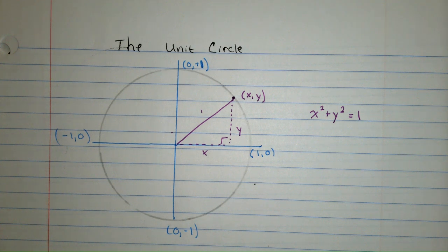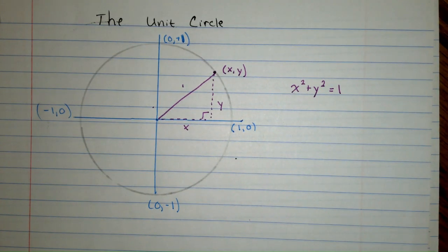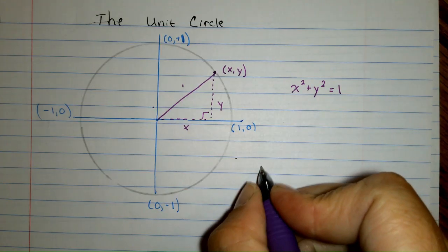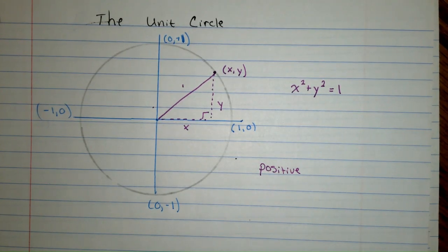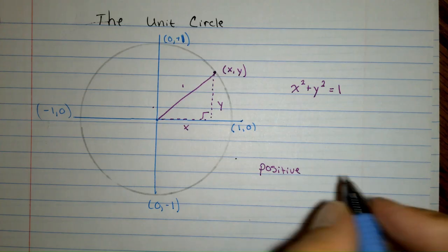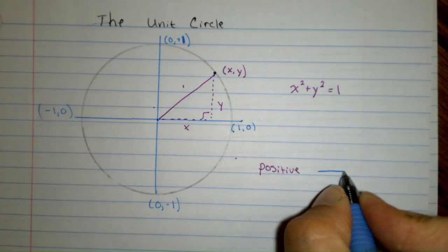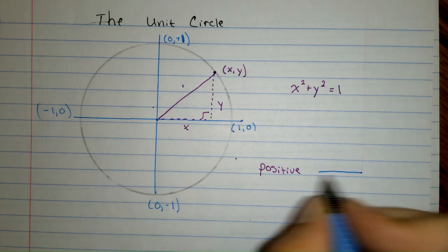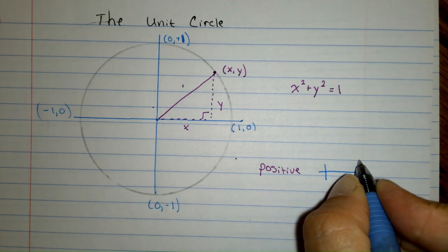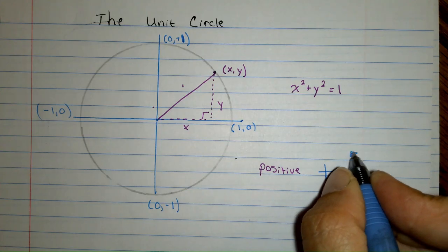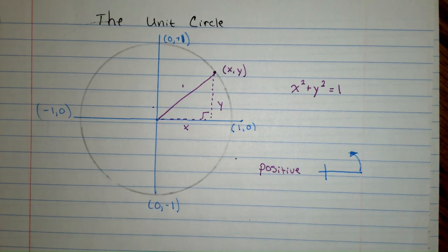If I talk about a positive arc or a positive angle, what I'm saying is we're starting from this part right here. We're starting out here and we're going up, because in a positive angle, we go up. We go through the first quadrant, into the second quadrant, around to the third quadrant.